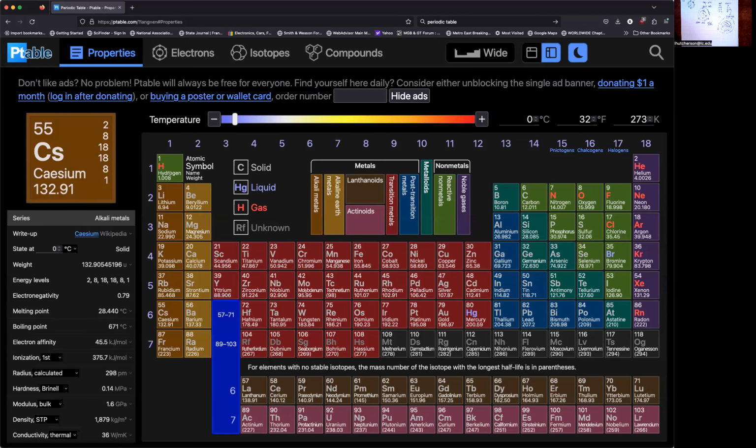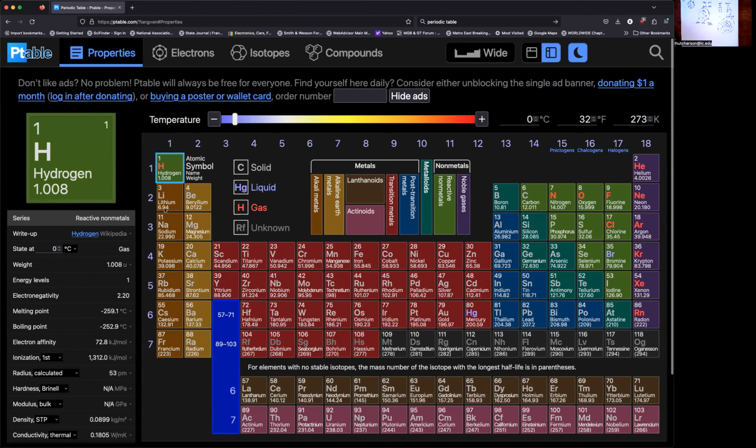Now, if we look at our periodic table, it turns out that there are trends that we can use to predict the number of valence electrons that are going to be present. All right? So, if we look in group 1, it always has 1 valence electron in its neutral state. Group 2, we have 2 valence electrons.